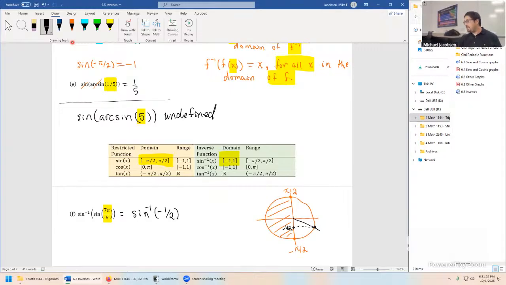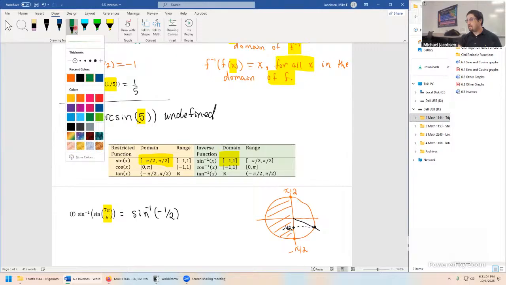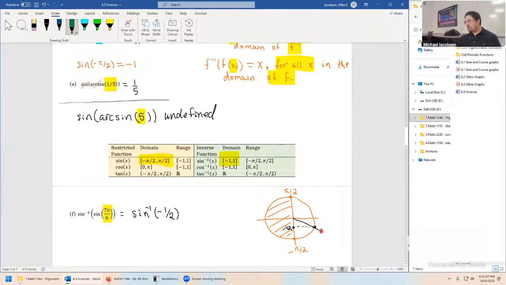The angle that does that is, well, you could say 11 pi over 6, but again, that's a problem with sine inverse. 11 pi over 6 is out of range. So the next best thing is negative pi over 6. Negative pi over 6 is within this range right here. So the whole thing would be negative pi over 6.